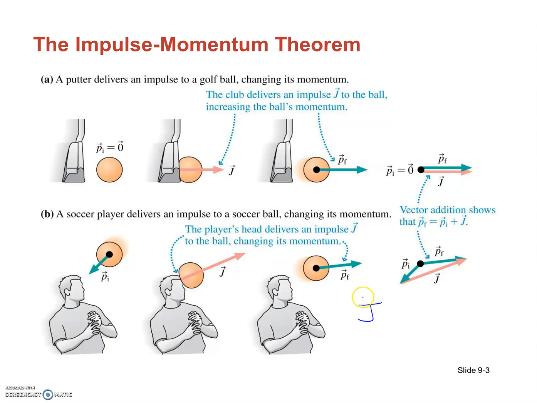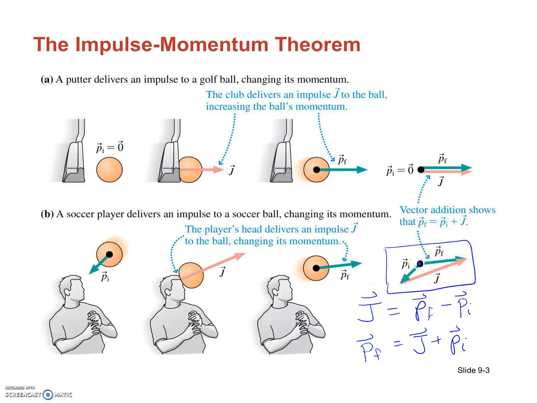Before we had the impulse is equal to the change in momentum, or final minus initial, right? So if I want to know the direction of the final momentum, that's equal to the impulse plus the initial momentum. And that's what we see graphically right here.